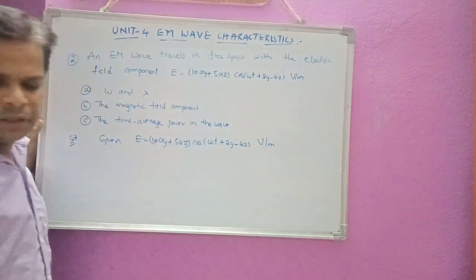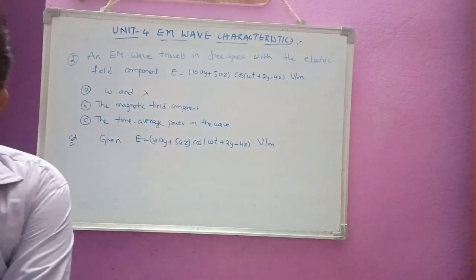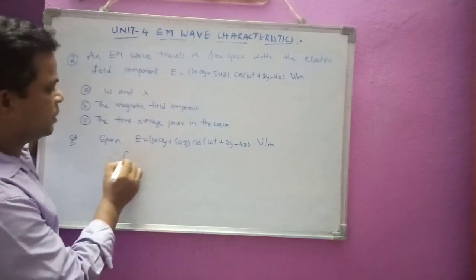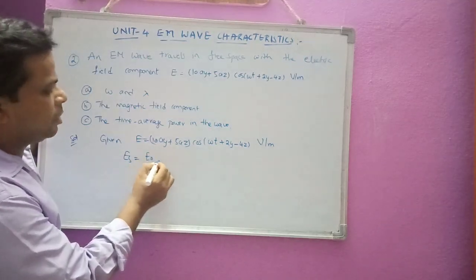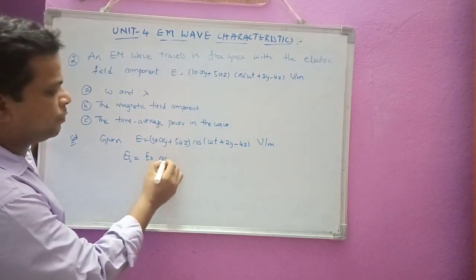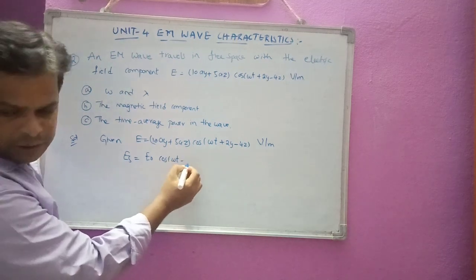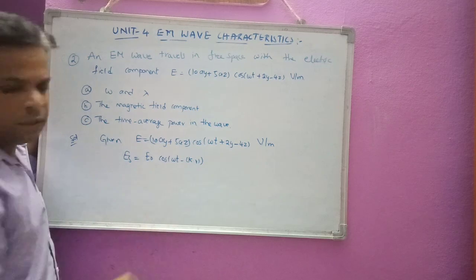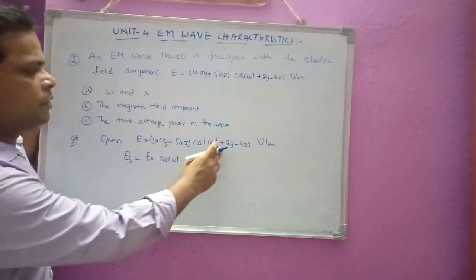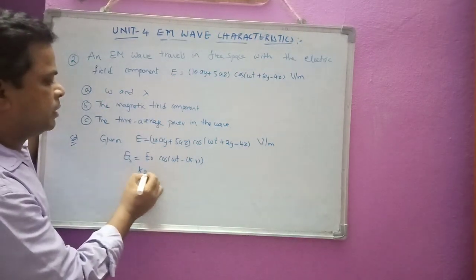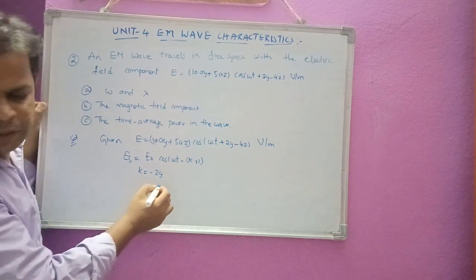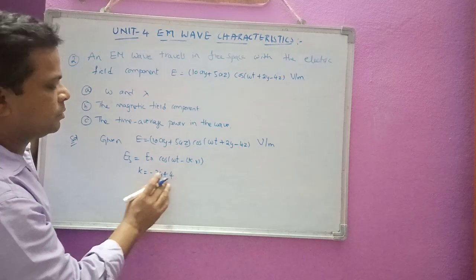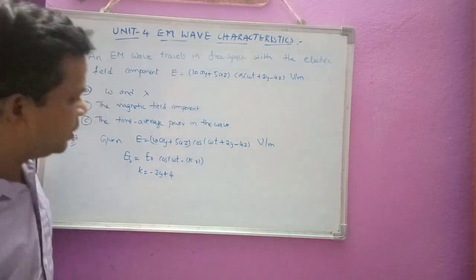Now we have to compare this with the general expression we have seen, that is E is equal to E naught into cos of omega t minus k dot r. So this k will become minus 2y plus 4az.